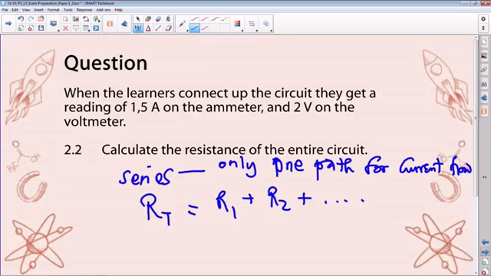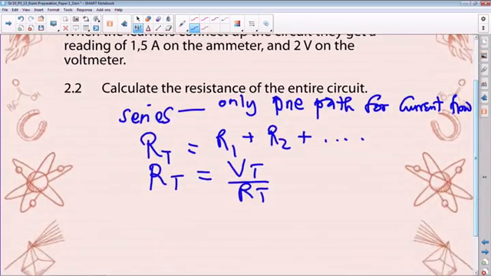But in this case, the question wants us to calculate the total resistance, the combined effective resistance of the two resistors. We need to go back to that. It will be V total over I total, right? This R total is a result of these two resistors put together.